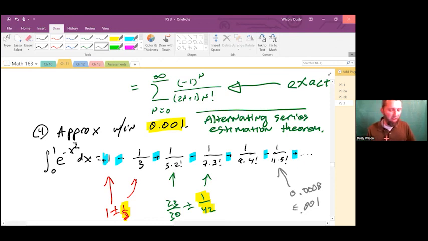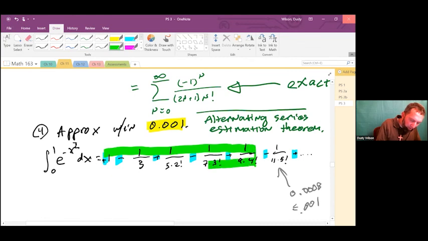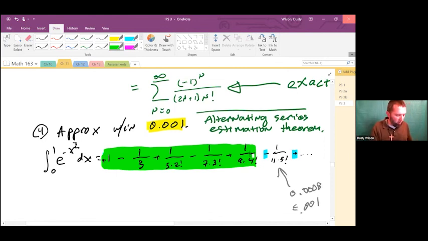So what we're saying is that the sum, if we put all this together, of these first terms right here, if we add up all of these terms in green, that would be 1 minus a third plus a tenth minus 1 over 42 plus 1 over 9 times 24.